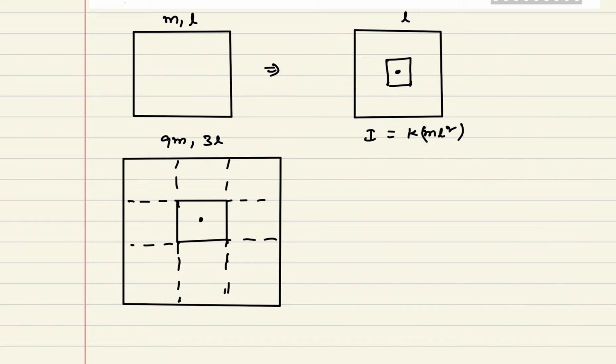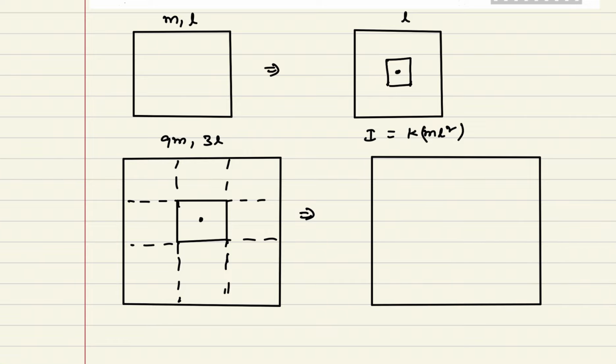I have not removed anything, just observe 9m and 3l. From this I am removing the middle part. If I remove this, you can see 8 square plates remain.